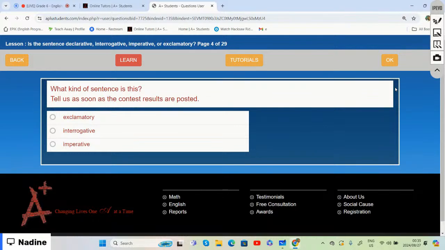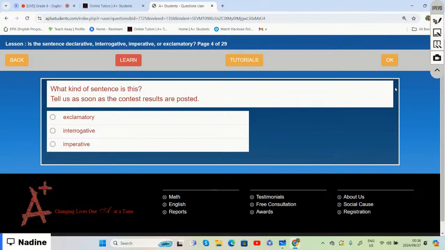If you look at the next one, it says, what kind of sentence is this? Tell us as soon as the contest results are posted. Is this an exclamatory sentence, interrogative sentence, or is it an imperative sentence?